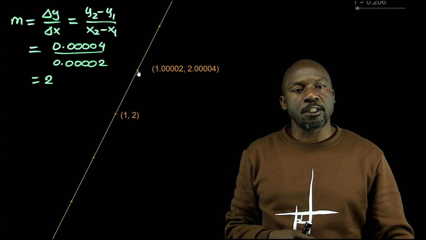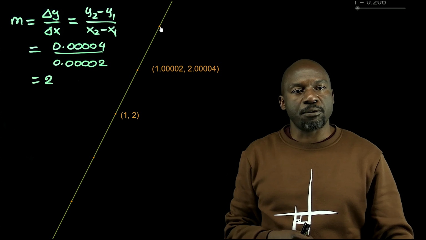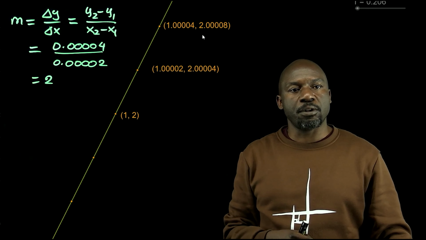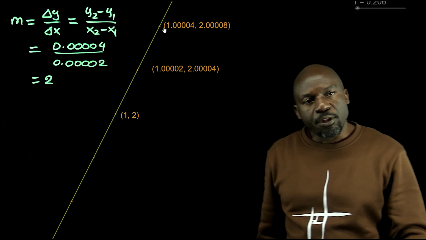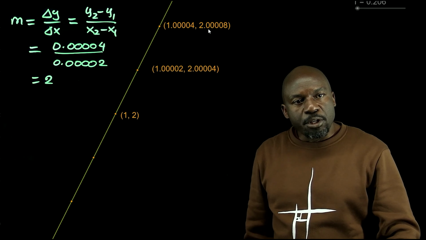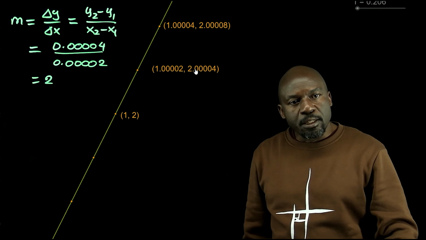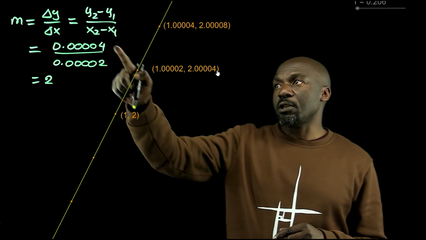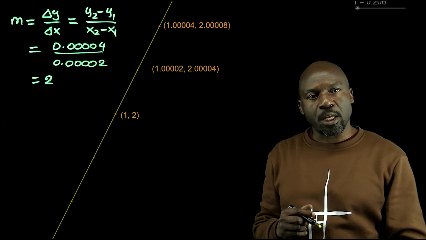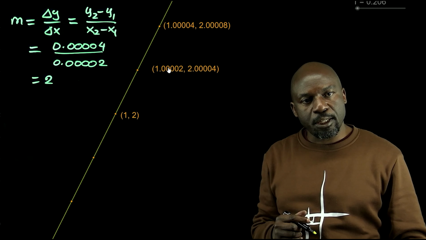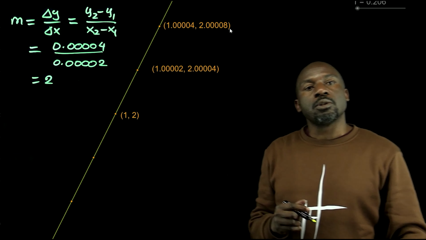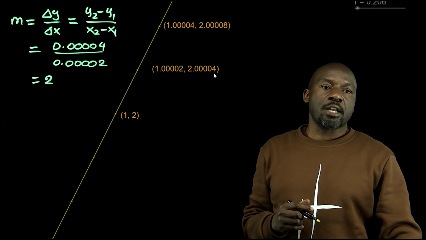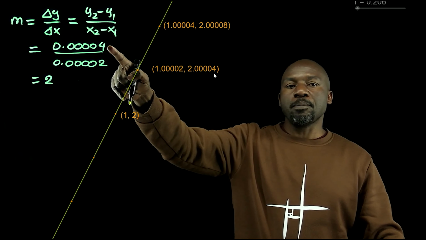If I pick these coordinate points and show the label for this point, well, now this point has coordinates with 4 zeros and 8, and this is 4 zeros and 4. So again, the difference there would be 0.00004, picking these 2 points instead of this point and this point.